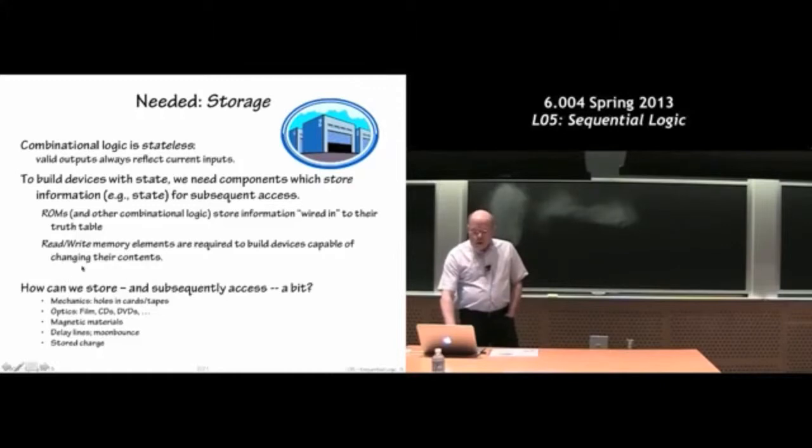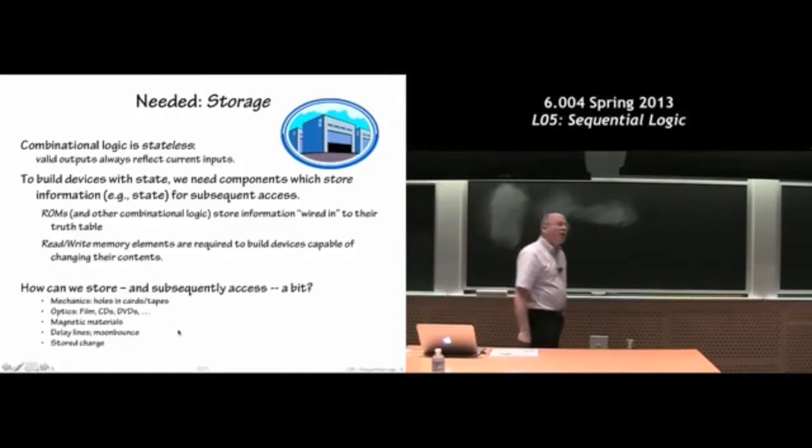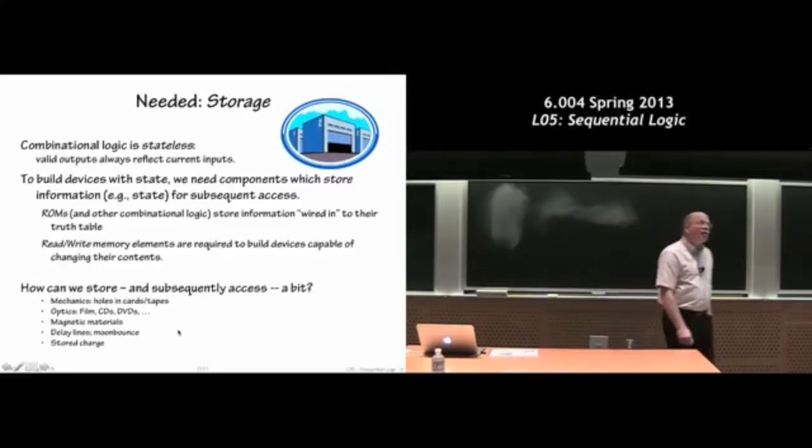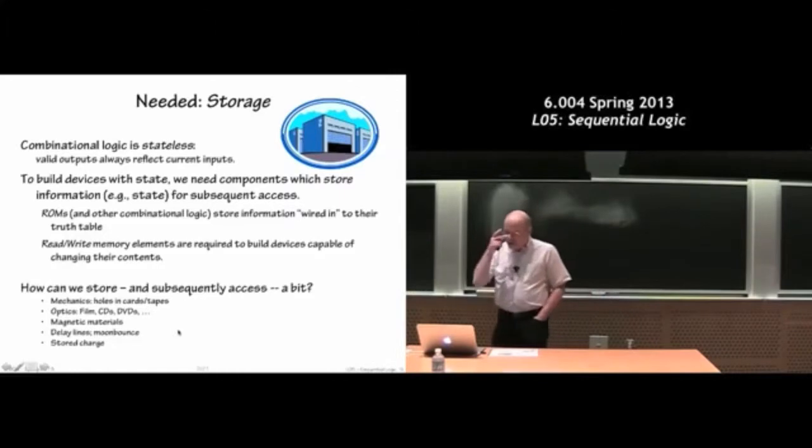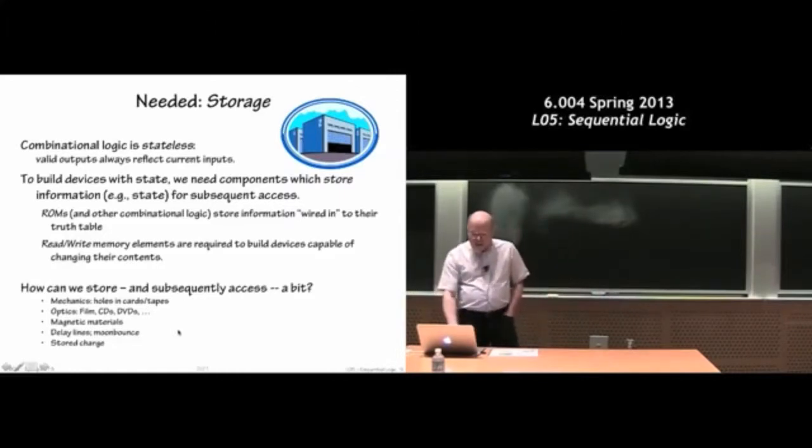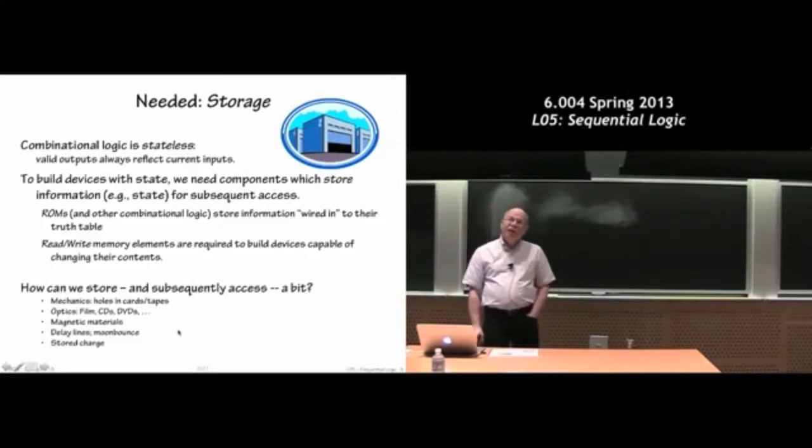And so we're going to have to think about, what's the machinery we can use? There are lots of mechanical representations: punch cards, paper tapes. Those were the types of state that people used back in the 50s and 60s to remember things from moment to moment.